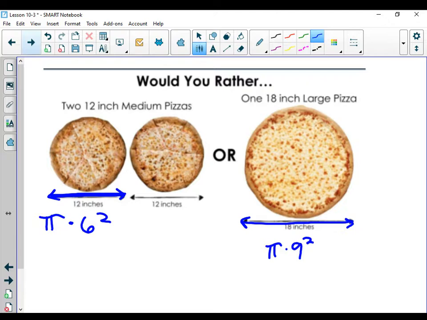I'm trying to decide, should I be getting 2 smaller pizzas for $12, or 1 bigger pizza for $12? Is it for one person?